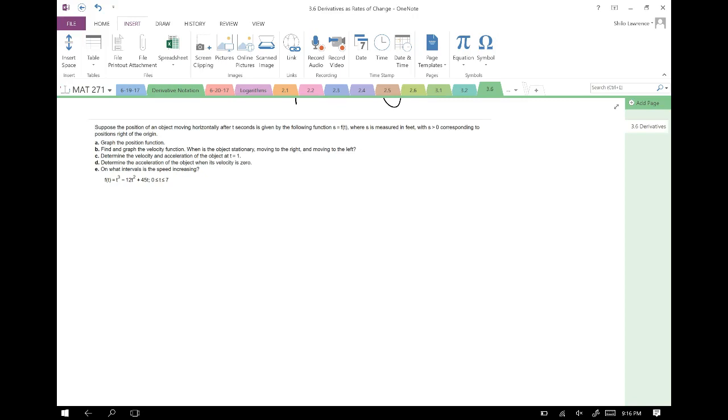We want to graph the position function, find and graph the velocity function, and determine when is the object stationary, when is it moving to the right, and when is it moving to the left. Determine the velocity and acceleration of the object at t equals 1. Determine the acceleration of the object when its velocity is 0, and on what intervals is the speed increasing.